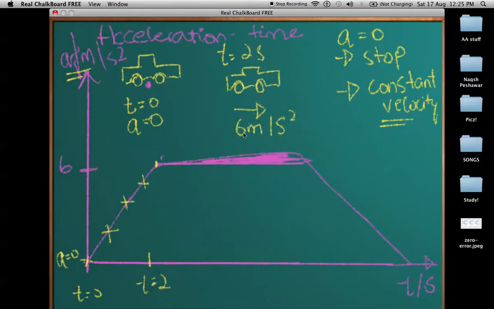That means that it is moving, whatever the velocity here is. For example, the velocity can be 20 meters per second at this point. But it is accelerating. Its acceleration is 6 meters per second squared, which means it will increase its speed by 6 meters per second every second.